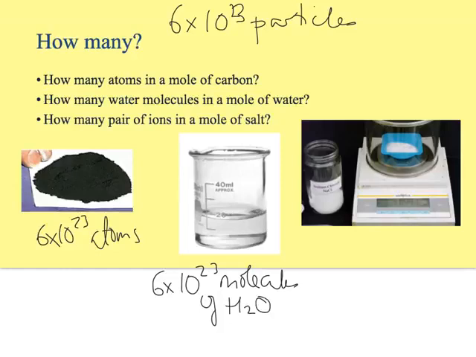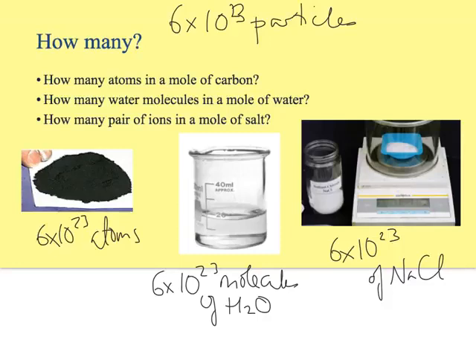How many pairs of ions in 1 mole of salt, let's say sodium chloride? It would be 6 times 10 to the 23 pairs of NaCl in 1 mole of a salt. So the key idea is that the mole is the number of particles. Okay, so you need to think about what kind of particle is there. Is it an atom?